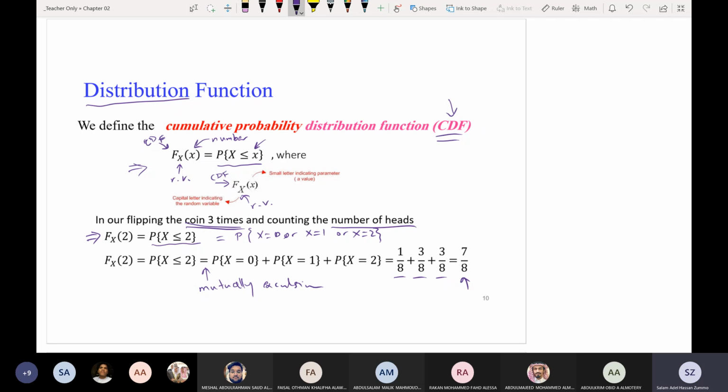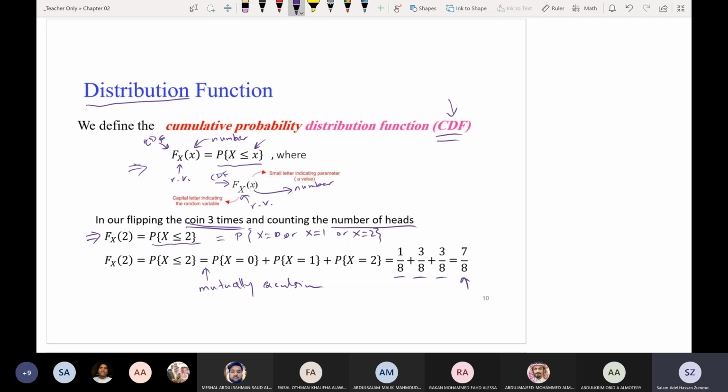So it might be capital F of X, capital F X, capital F Y. So Y in this case will be the random variable, and so on. And the number here is a number, or just a dummy variable. It can be X, it can be U, it can be V, it can be anything. It can be a number 1, 2, 5.